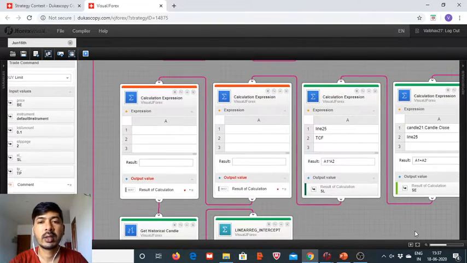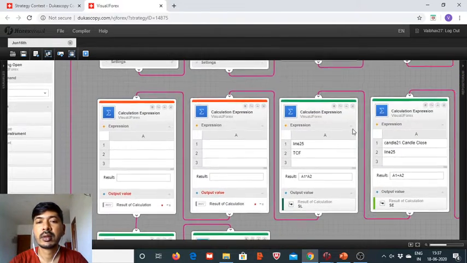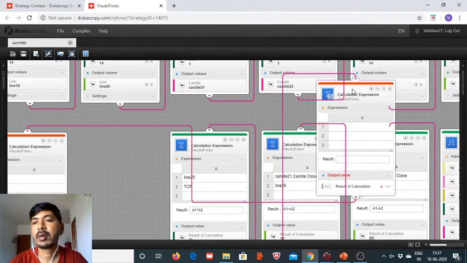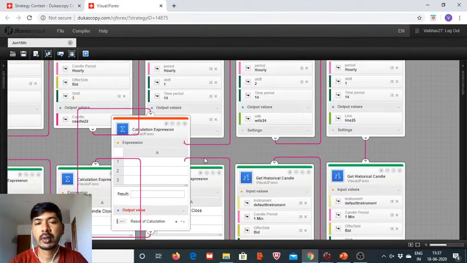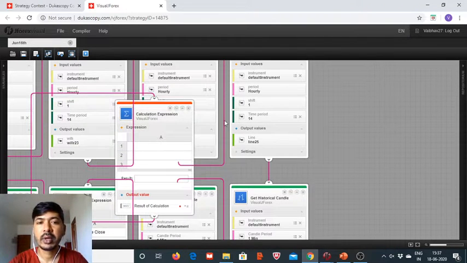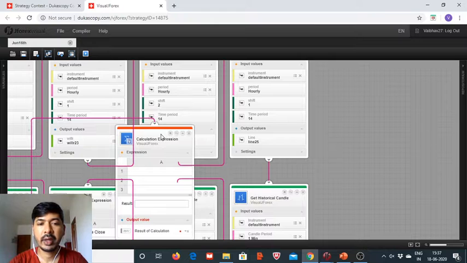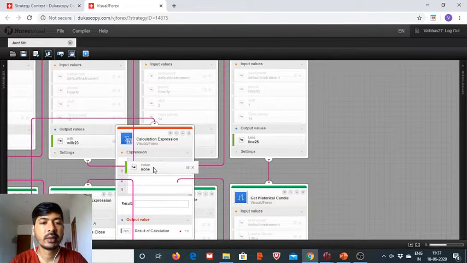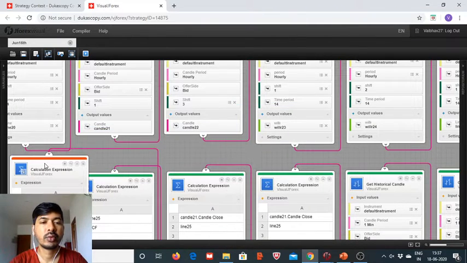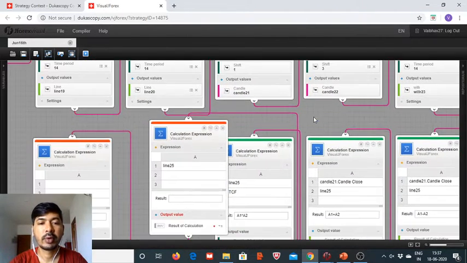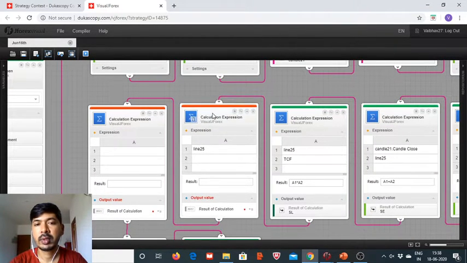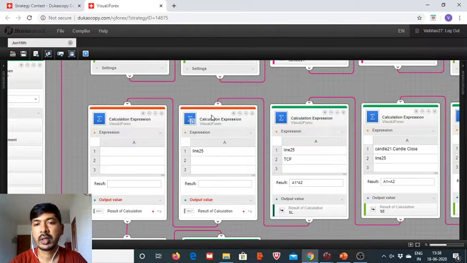Then the next in line is the target price, and for the target price again we will need to do the calculation, and here it is going to be twice the ATR range, so we need to multiply the stop loss value equivalent by two, and only then we will get the target price.